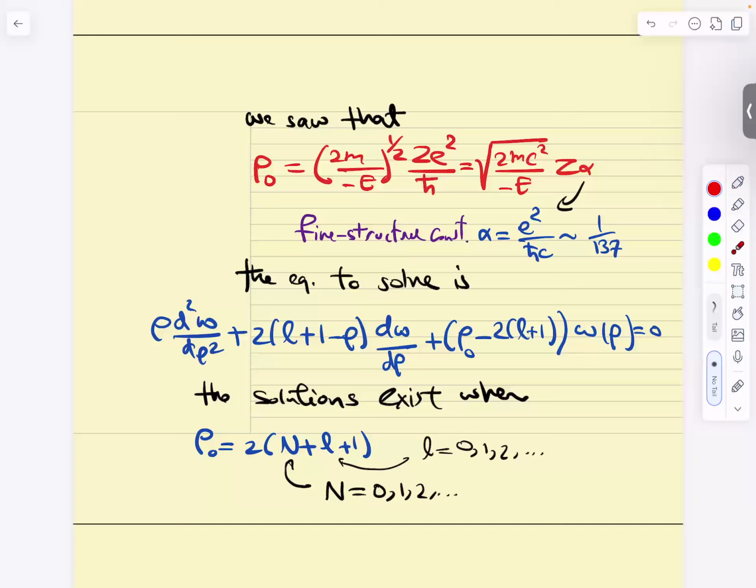I wrote it as 2mc squared over minus e. So what's the dimensionality of the thing in the square root? It's dimensionless, right? Z, which is the number of protons, and then alpha, which is e squared over h bar c. It's about 1 over 137. It's called the fine structure constant of QED. So that's just a number.